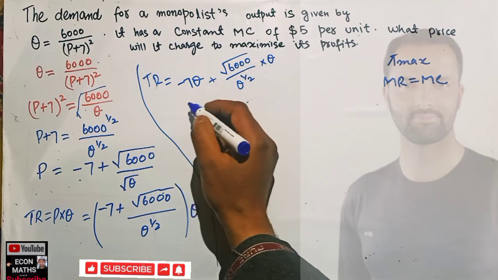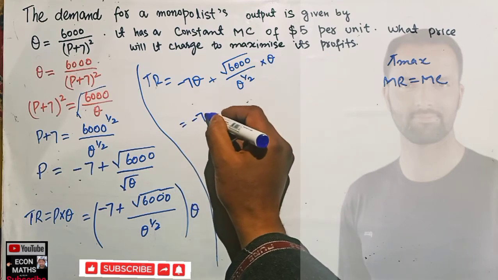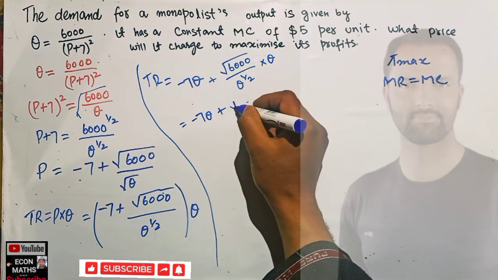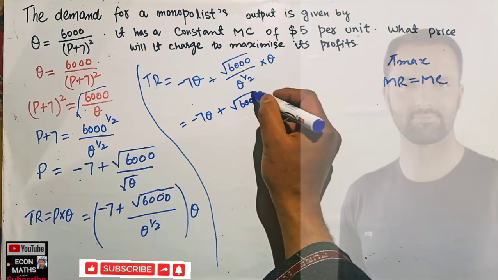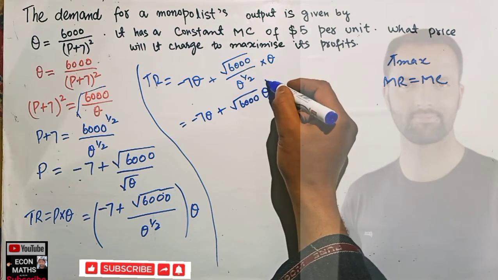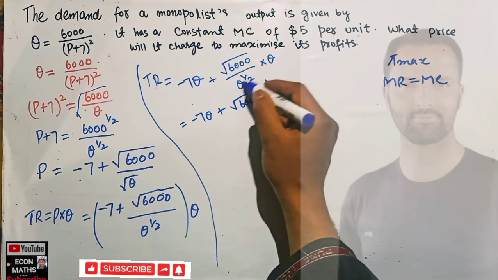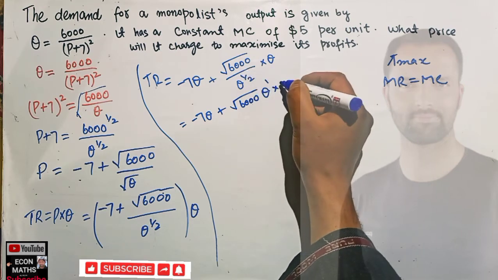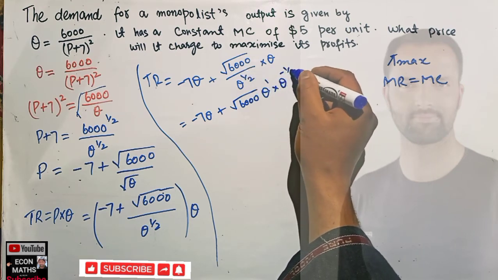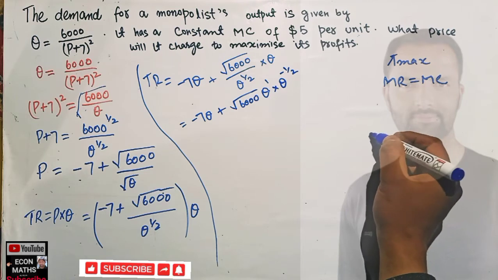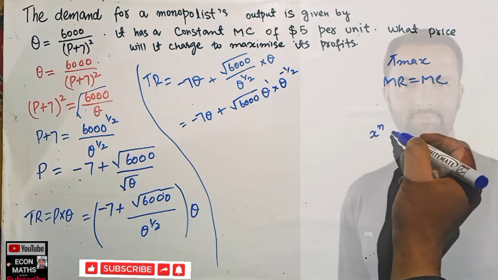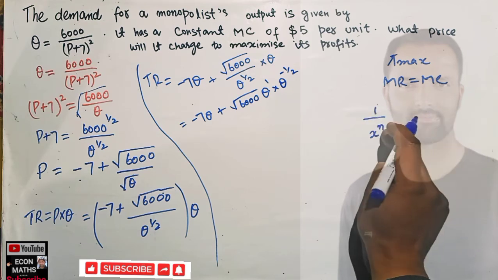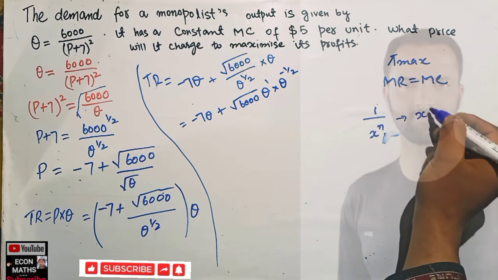Further solving, this will become minus 7Q plus square root of 6000, we have Q to the power 1 here into, if we transpose this denominator to the numerator, the exponent sign gets changed, so we have Q to the power minus 1 upon 2. Simple maths. If we have 1 upon x to the power n, this can also be written as x to the power minus n.